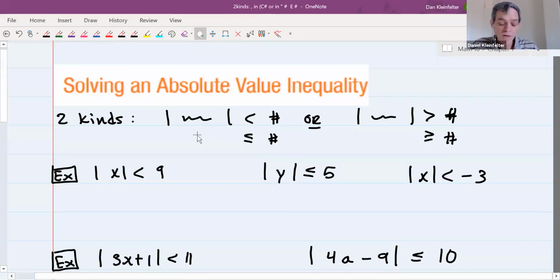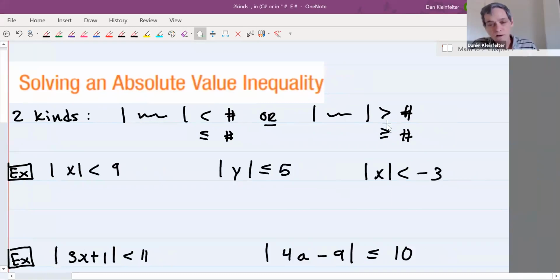Either the absolute value of whatever it is, doesn't matter, is less than or equal to some number, or the absolute value is greater than or equal to some number. The only difference between the first cases, shown here, and the second cases, shown here, is which direction it is. Is it basically less than or basically greater?